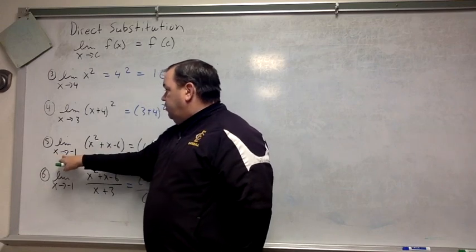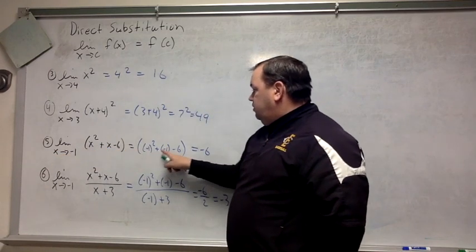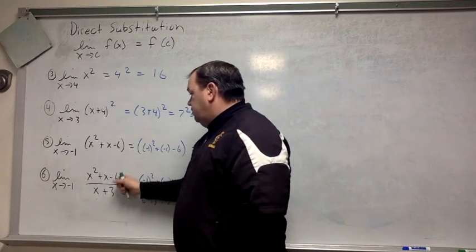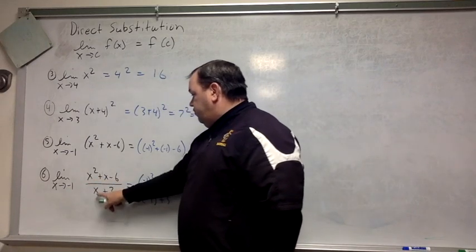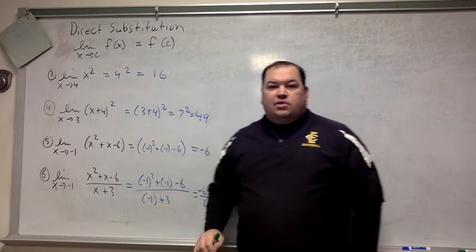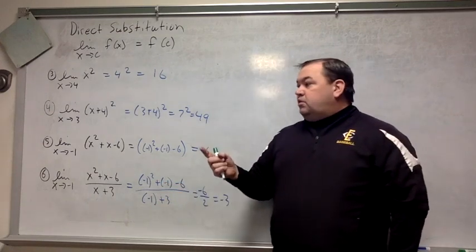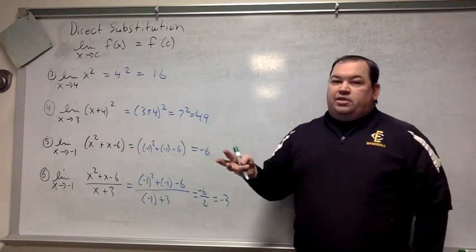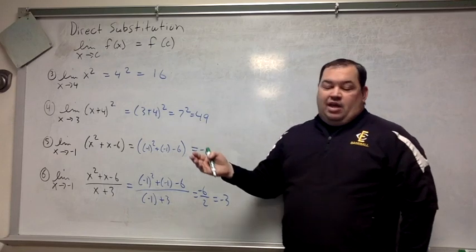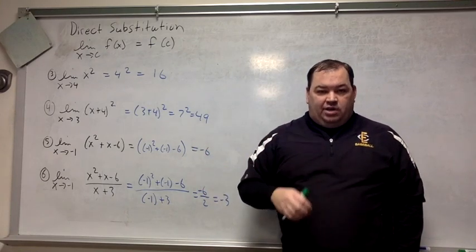This is approaching -1, so I plug in a -1. I get -6. I can do fractions. I'm plugging a -1 in for all the x's. I get -3. So we talk about numerically, graphically, and directly substituting in order to evaluate these limits, and we only have 3 examples where they would not exist.